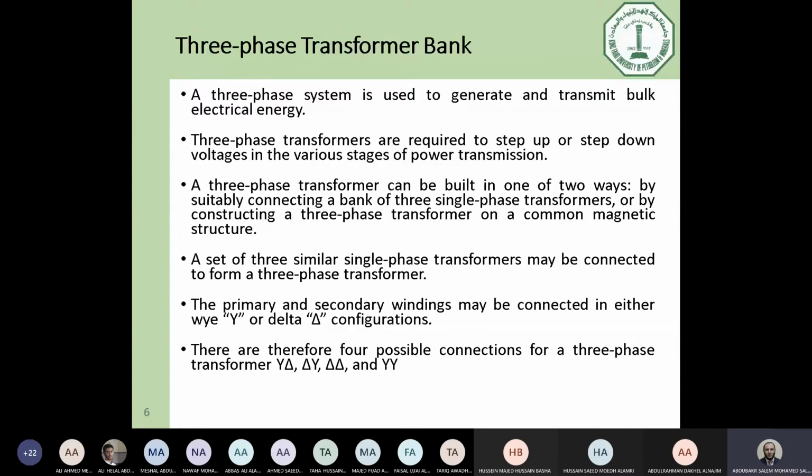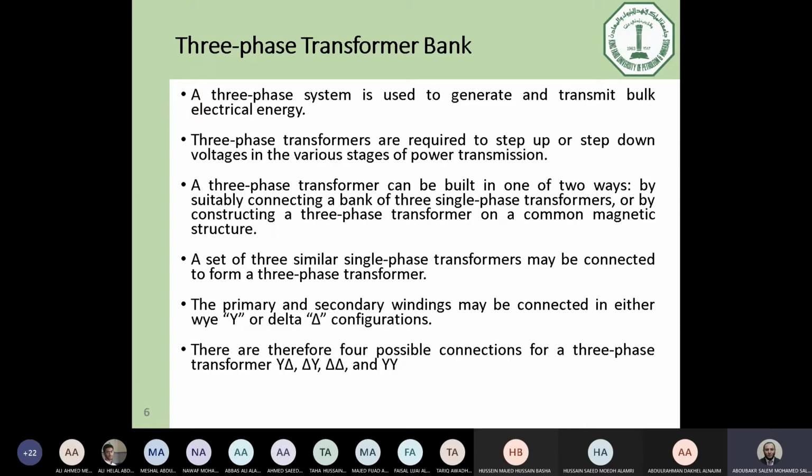One of the advantages of three single-phase transformers, or what we call a transformer bank, is that if one phase has any problem, which means one transformer of the three has a problem, you can remove it completely and stay connected with the three-phase system. However, you will transmit partial power, not all of the power. This is called V connection or open-delta connection, and we will describe it later.